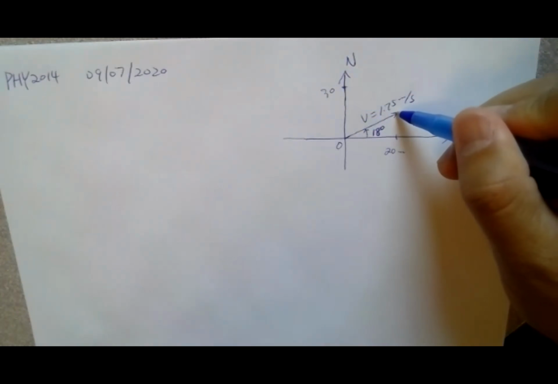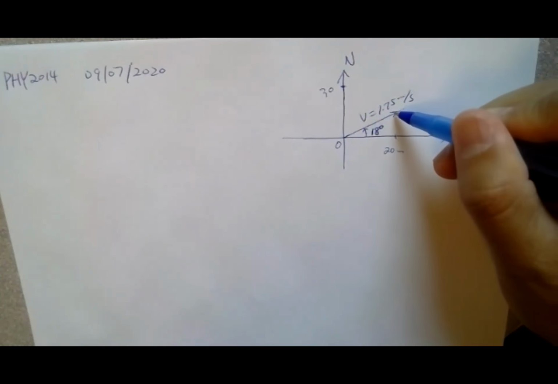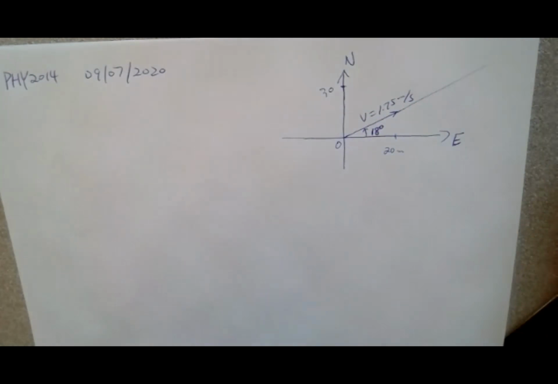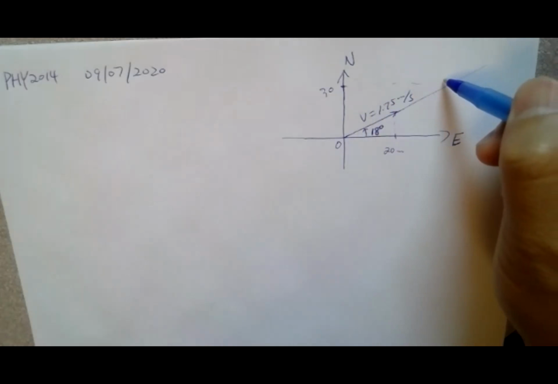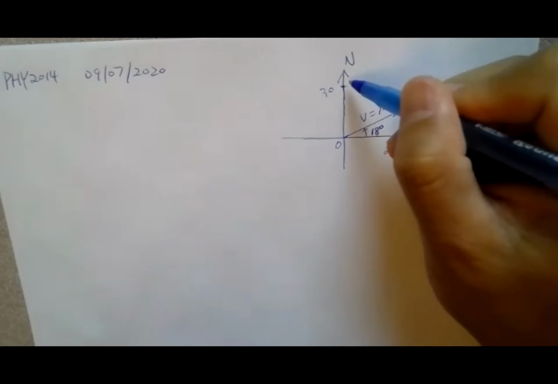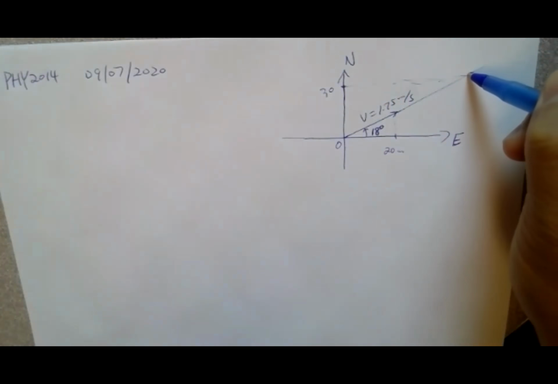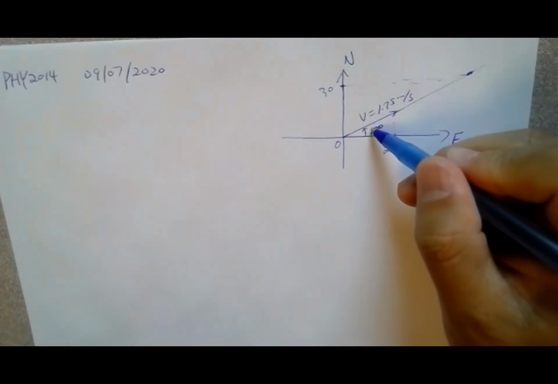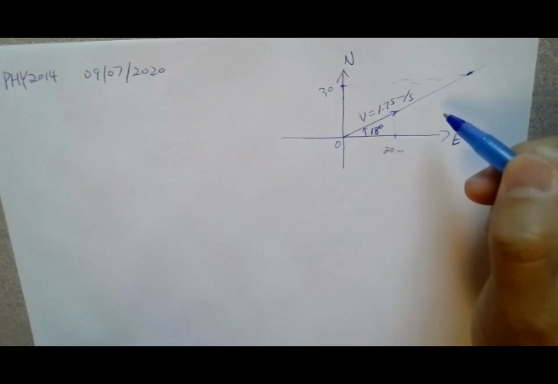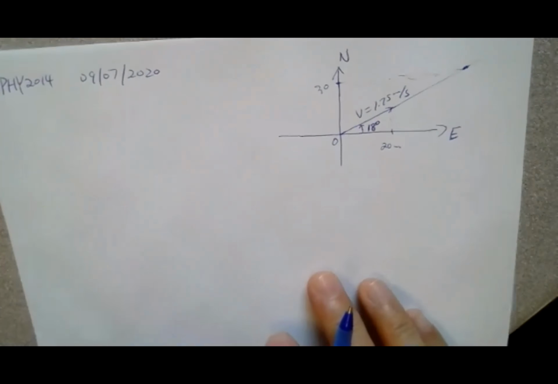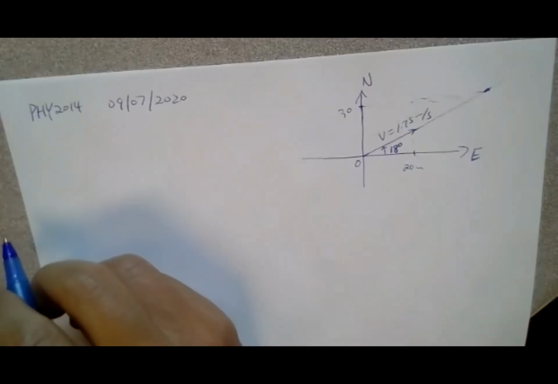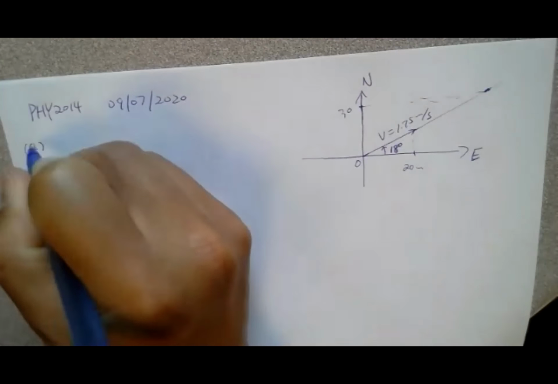You can see if you are going in this direction, then your displacement will go in that direction. I probably don't have a quite well drawing. This is much more than 18 degrees, just in case you're wondering. This looks like something like 30 degrees or so, but it just gives you a rough idea of what's going on here.